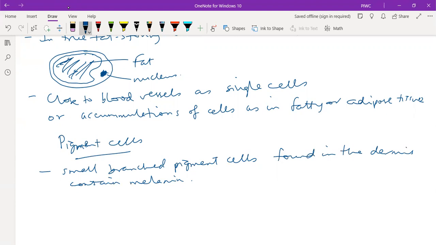So apart from these sites, pigment cells are uncommon in the connective tissue in mammals. So an example of a pigment cell here will be the melanocytes. Melanoblasts become the melanocytes. So this is an example of the cell in the epidermis.